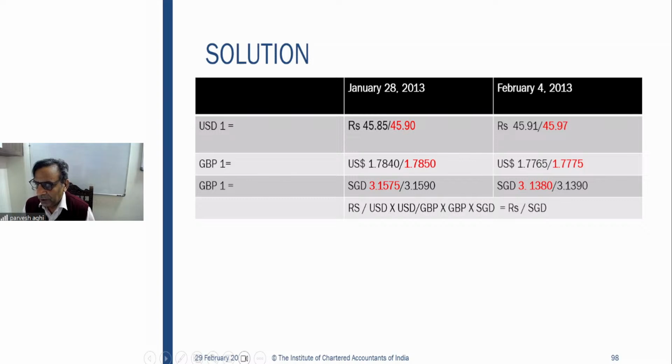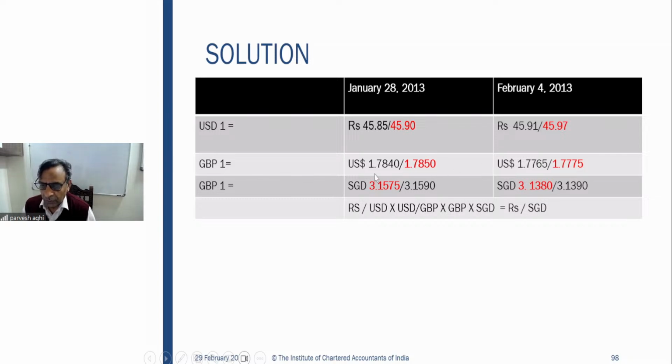So he's losing, isn't it? Because the payment is happening after a few days. Now, the £1 rate in terms of US dollars was 1.78. And the pound has actually depreciated from 28th January to 4th of February. It came down from 1.78 to 1.77.